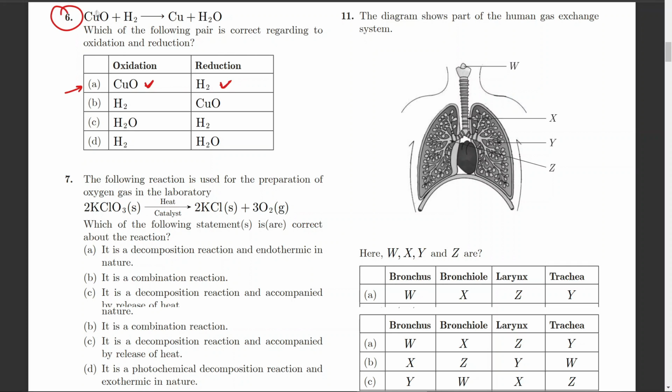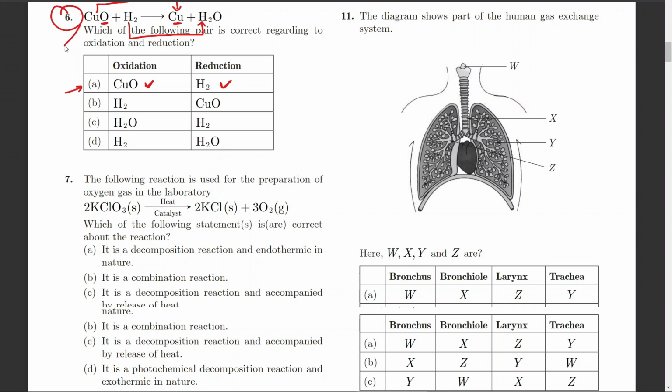words, right? So here if we see that copper oxide is getting converted into copper, that means oxygen is getting removed to form copper. Here hydrogen is converting into water, that means oxygen is getting added to hydrogen to give water, correct?